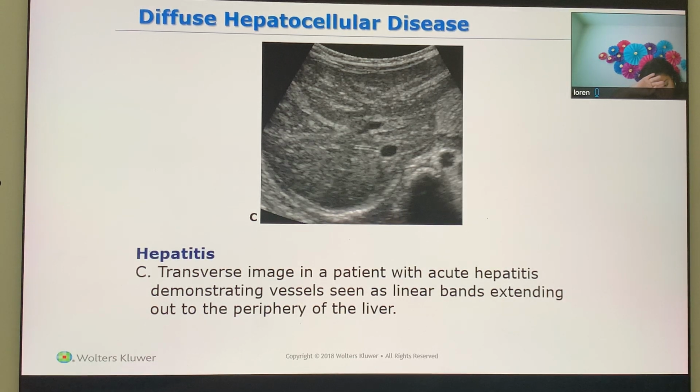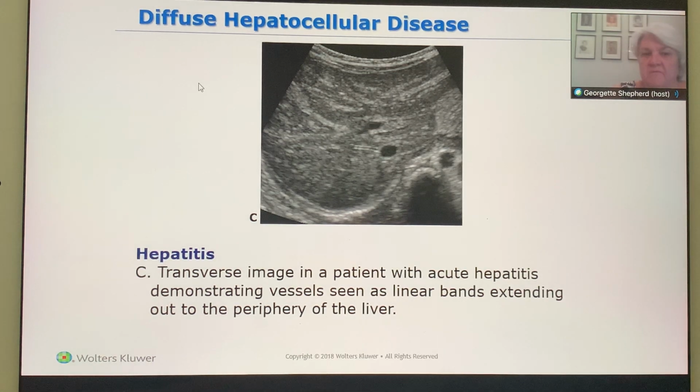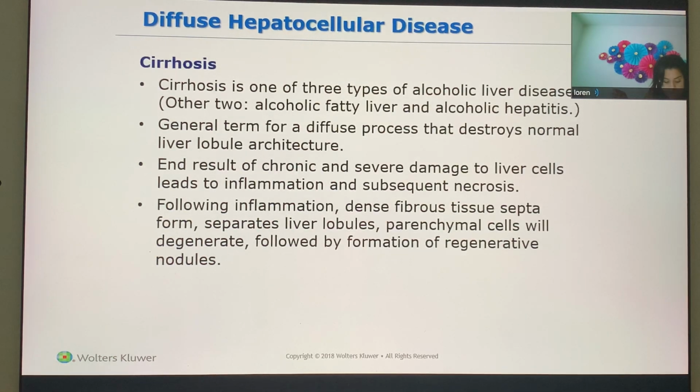Here we have acute hepatitis, and the vessels make linear bands extending to the periphery of the liver. Cirrhosis.